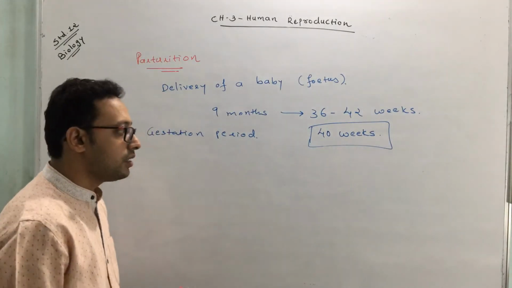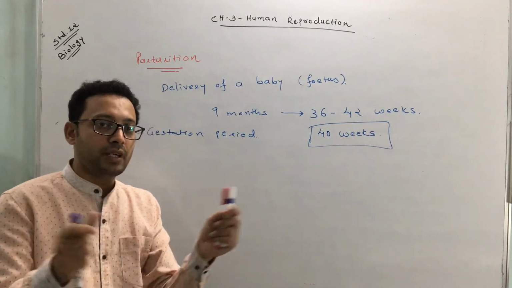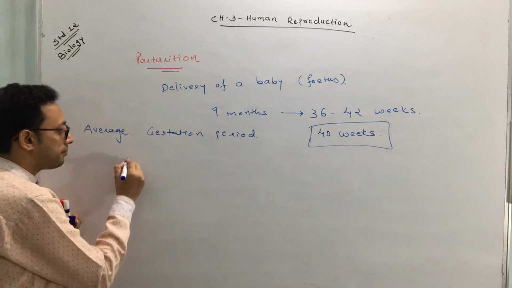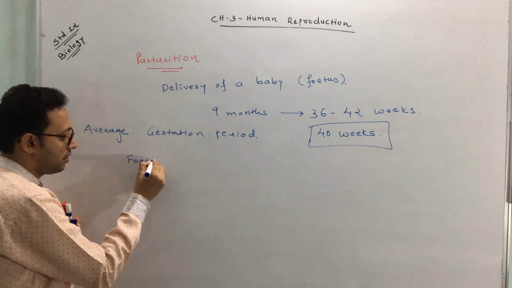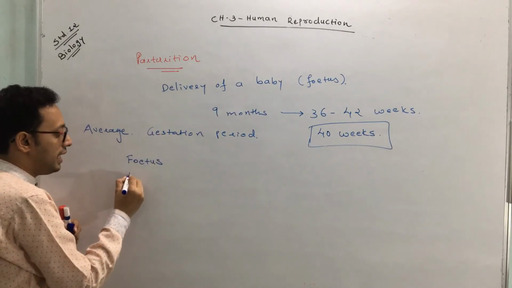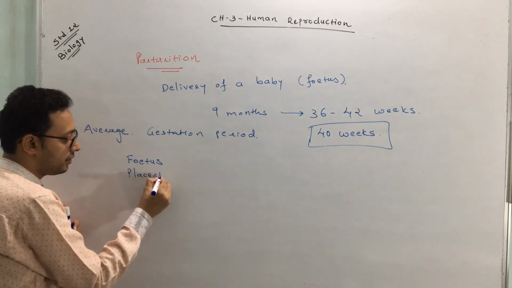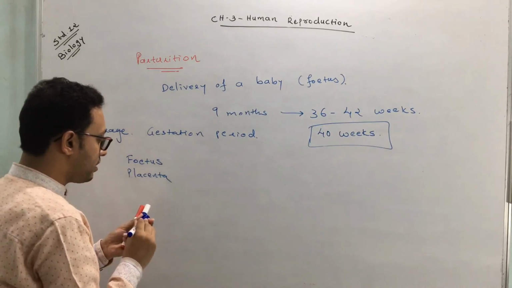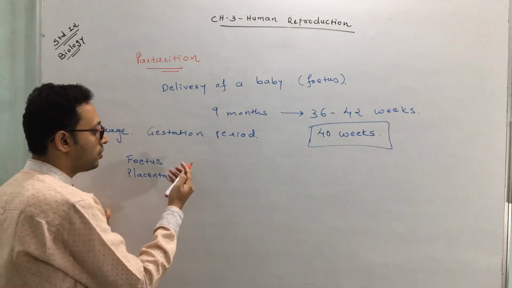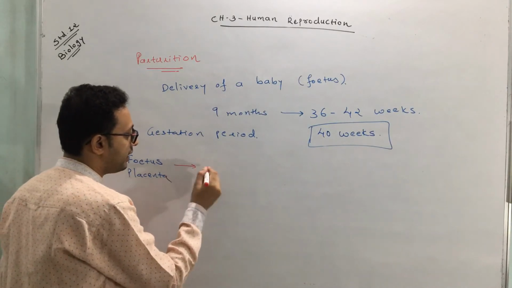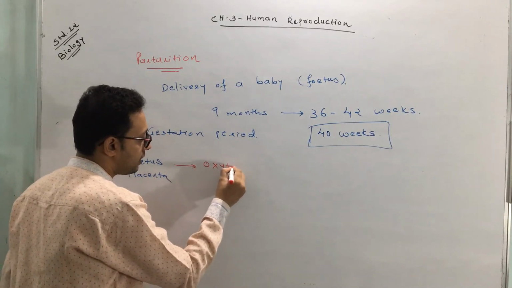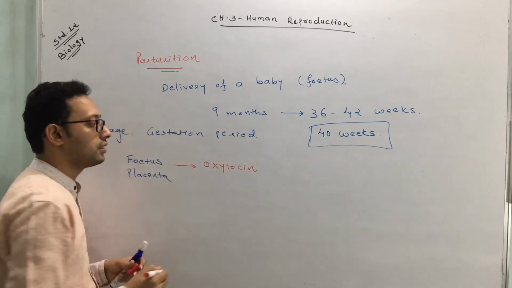How does it know? When there is full development of the baby, the fetus, and the placenta, it secretes one hormone in a minor quantity. The name of this hormone is oxytocin.